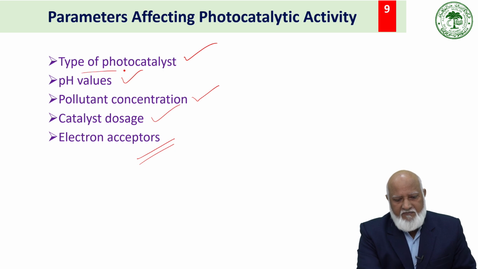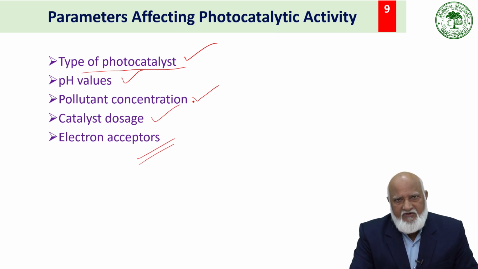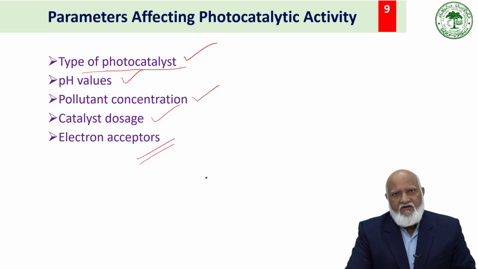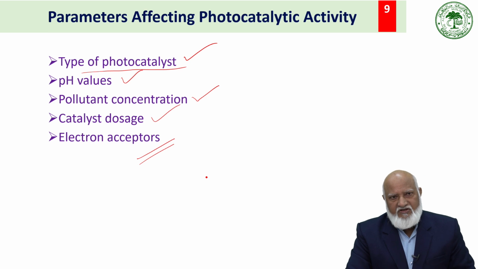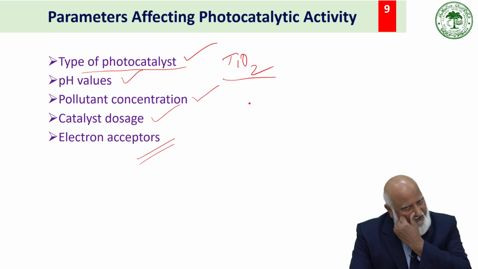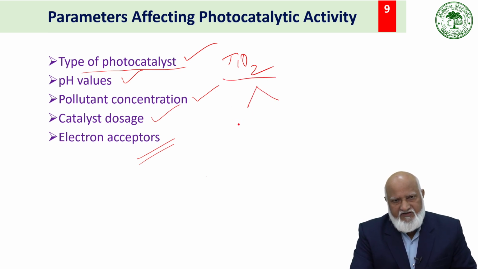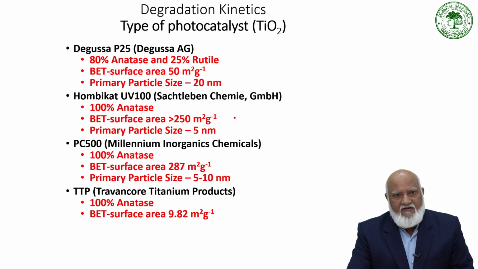As far as the type of catalyst is concerned, several single semiconducting materials like titanium dioxide, zinc oxide, tin oxide, bismuth oxide, and so on have been investigated, of which titanium dioxide has been found to be the most active catalyst. It is present in two different forms, rutile and anatase. Different catalysts are available commercially, and we have tested some of them.